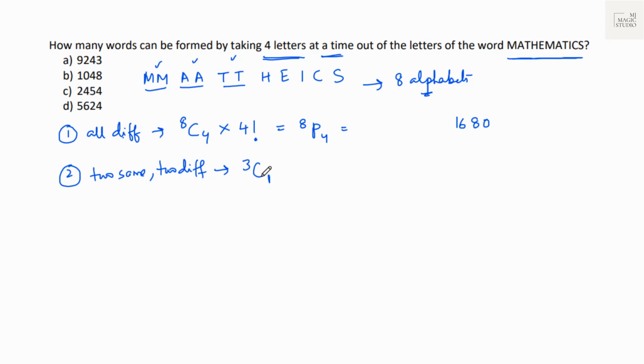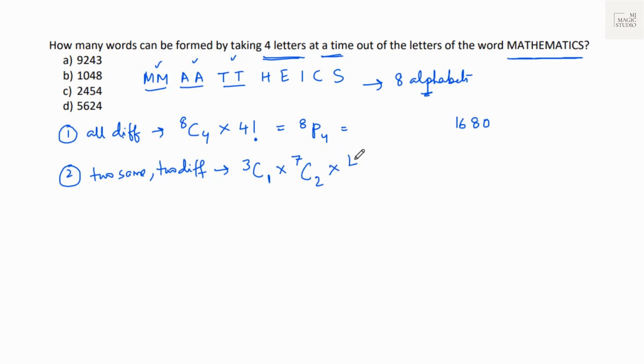Once I have selected one option out of M, A, T, automatically I have taken 2 letters from it. So suppose I have taken both M, then I am left with A, T, and 1, 2, 3, 4, 5, 6, 7 others. Now out of the remaining 7, I need to select 2. Now we have got 4 letters with us.